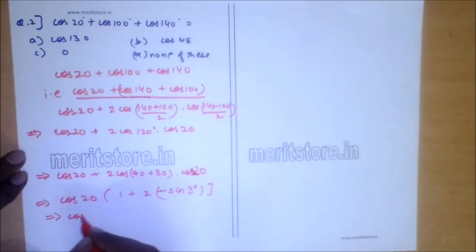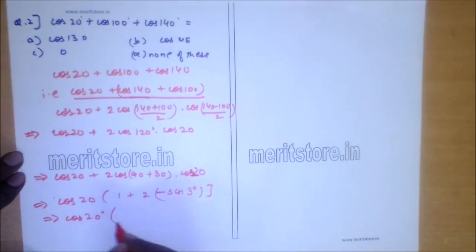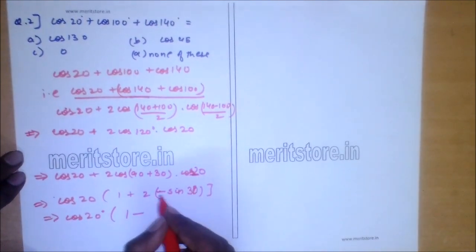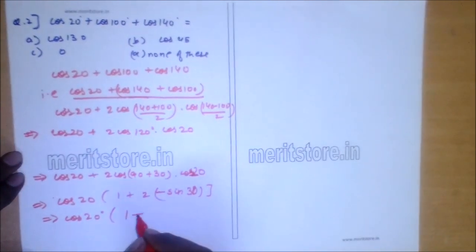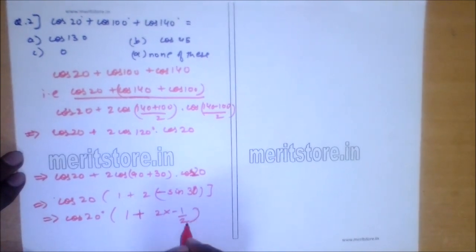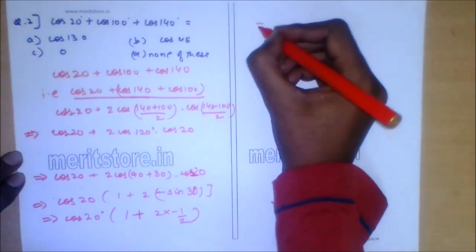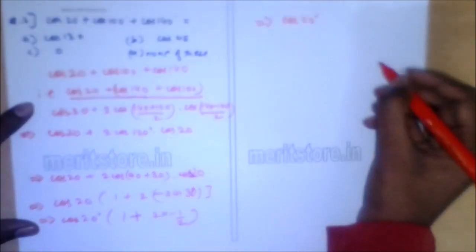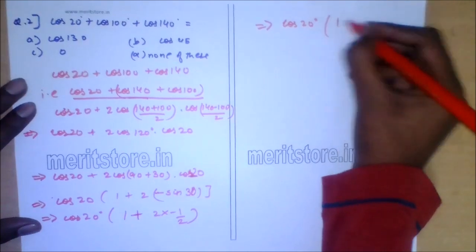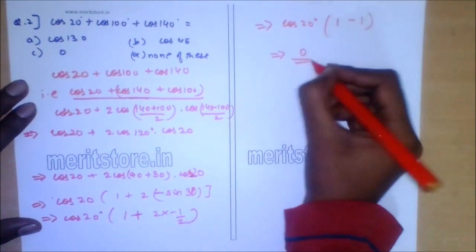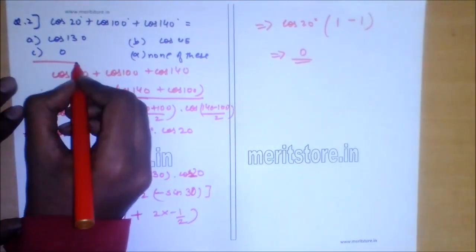Sin 30 is half, so minus sin 30 is minus half, so 1 plus 2 into minus half. This is equal to cos 20 degrees into (1 minus 1), that is equal to 0, which is option C.